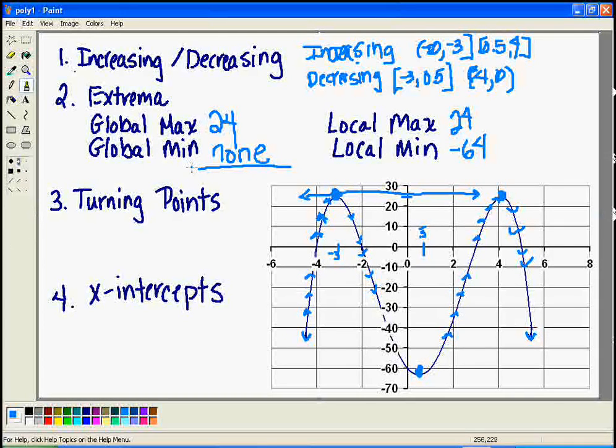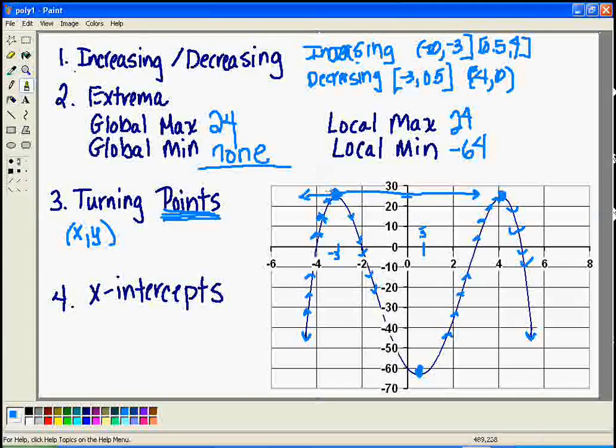Next, we're going to talk about turning points. Notice the word point. Whenever we think of points, we think of a coordinate pair. So when we talk about turning points, we're going to give both an x and a y coordinate. A turning point, by definition, is just where I go from increasing to decreasing or decreasing to increasing.